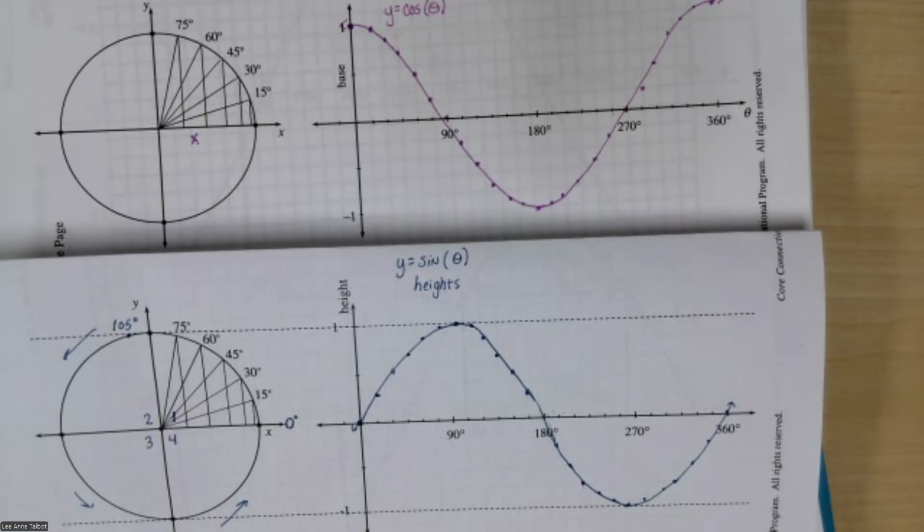I'm looking for three things. One is that they're waves. One is the max value. Yes, they both have the same height. They both go to 1 and -1, which means their amplitude is 1.